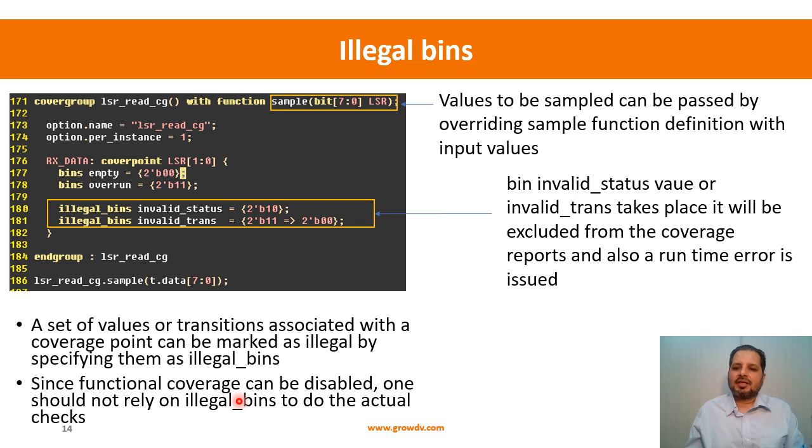In verification, redundancy in checks is always encouraged, so that if by any chance one check doesn't do its job, because as code evolves maybe we added one more condition that led to a check getting disabled, those things can happen. Of course there are ways to prevent it, but they can still happen as a part of human error. So to catch them, on critical things, if we have some level of redundancy, then it can catch it. Illegal bins typically are not a recommended approach, but the feature itself exists, so we have to use it carefully.